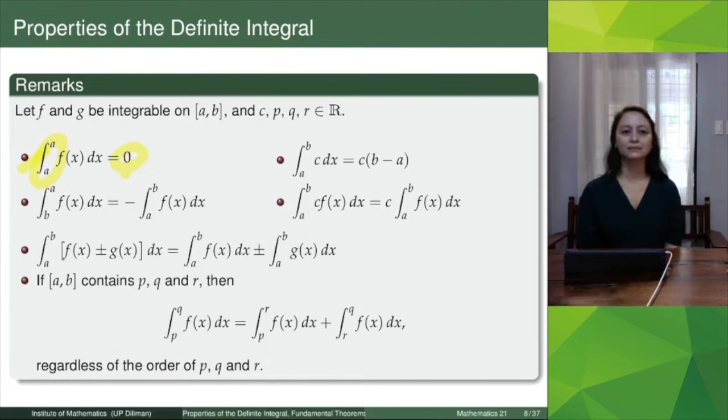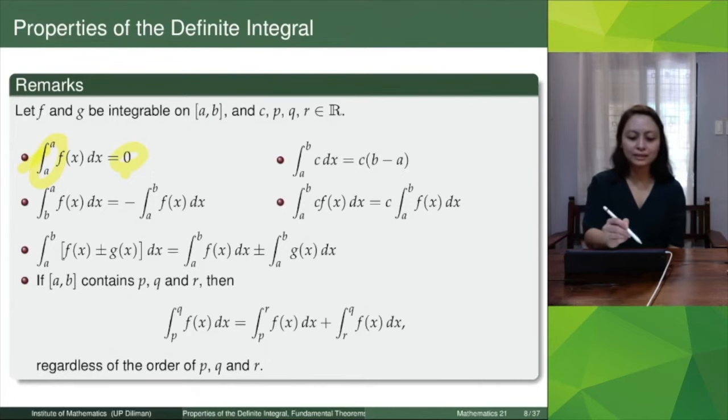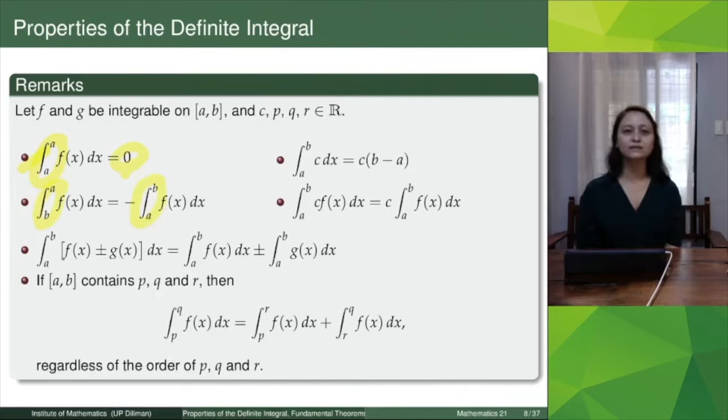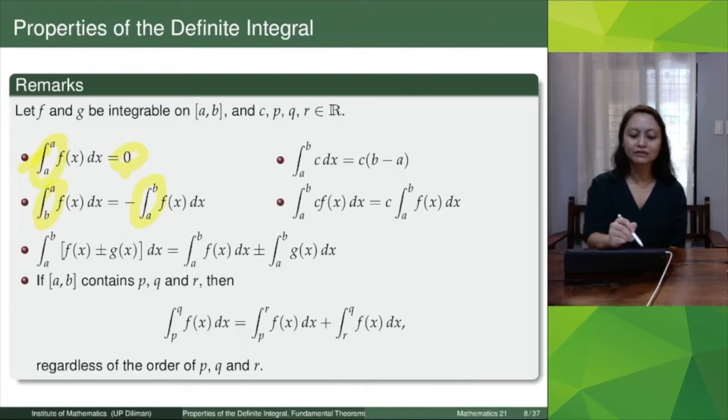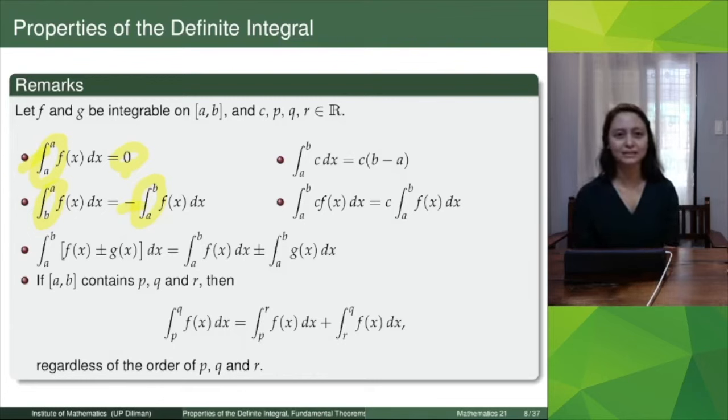Next, we reverse the limits of integration. When you reverse the limits of integration, the integral from b to a of f of x dx is equal to the negative of the integral from a to b of f of x dx.